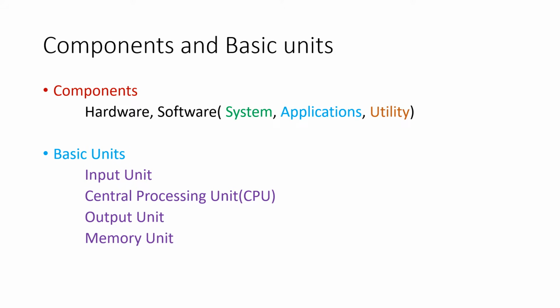Next, we will start looking at the components and the basic units of the computer. So what are the important components of the computer? The hardware and the software. So what is hardware? Hardware is nothing but the electronic components of the computer, and examples of it are the keyboard, CPU, monitor, printer, etc. And what is software?